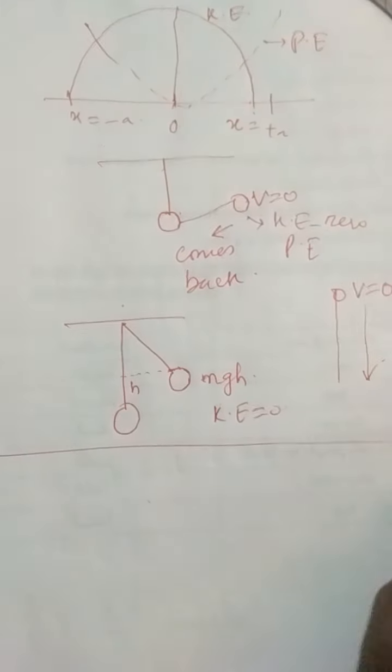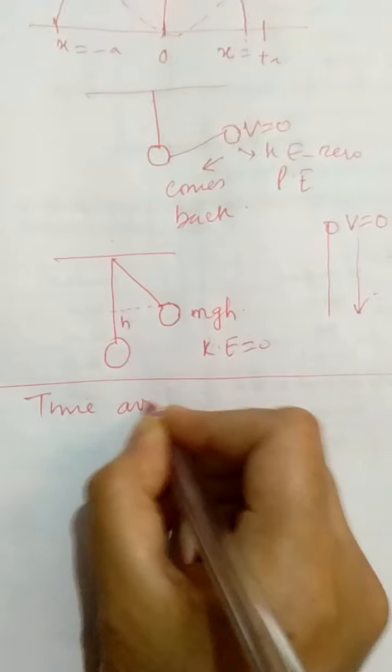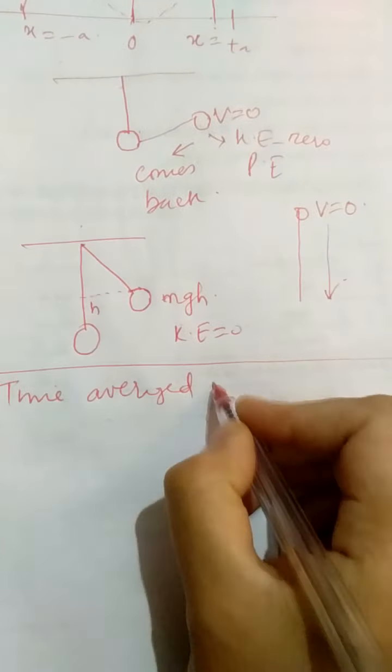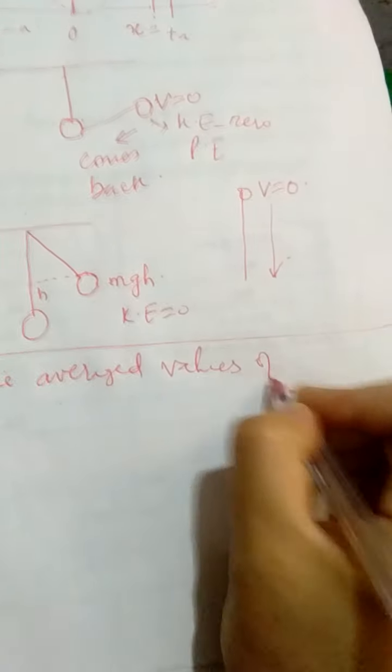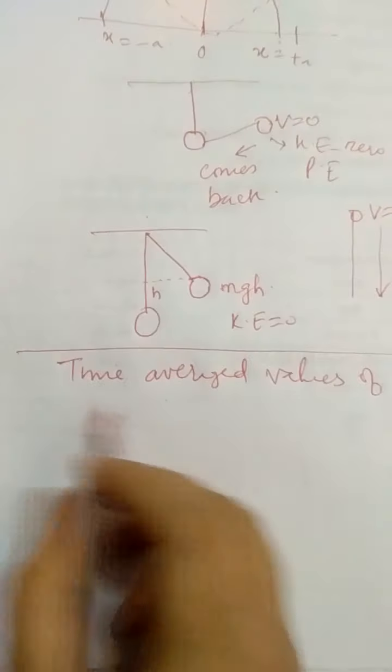After this, we need to turn to the time averaged values of potential energy and kinetic energy. And what do we mean by time averaged values?